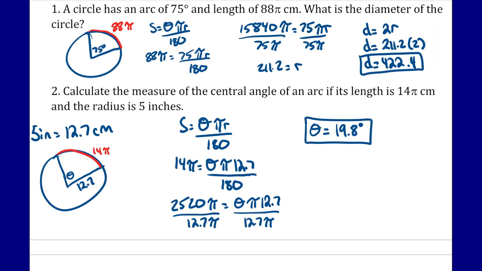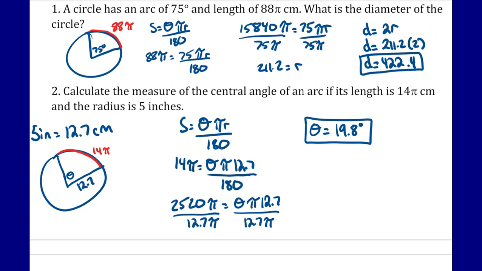I'm not going to incorporate it because I don't want to make the numbers too messy and round too much. So 180 times 88 gives me 15,840. Pi is still there, and that equals 75 pi r. To get r by itself, I'm going to divide by 75 pi on both sides, and I end up with 211.2 is equal to r.